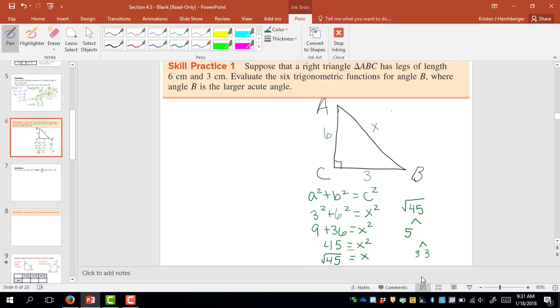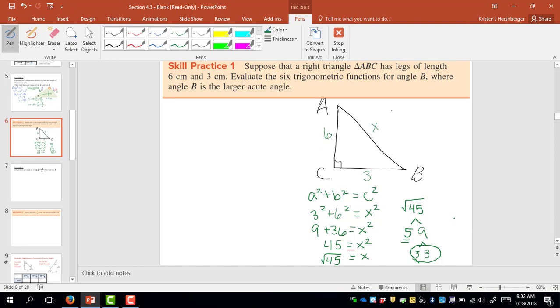So once we have it broken down into all prime numbers, 3 is prime as well, then we're looking for pairs of our prime numbers. So we have a pair of 3s, and then we have a 5 left over.